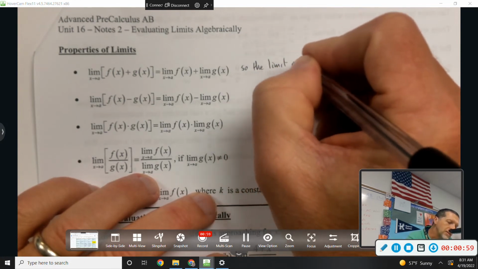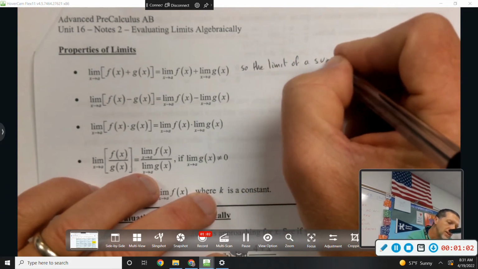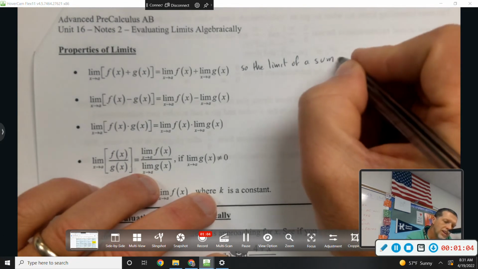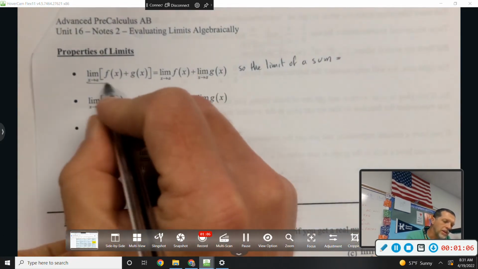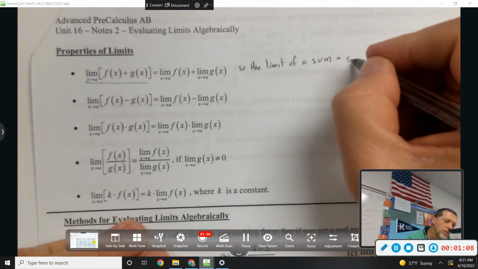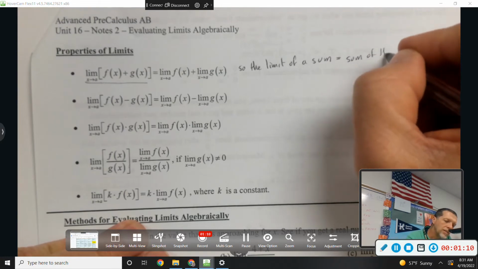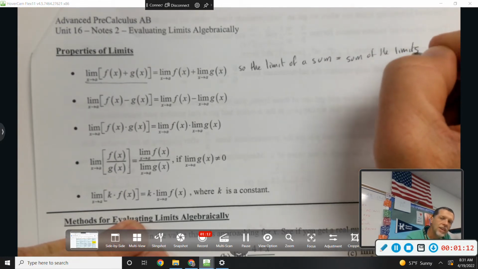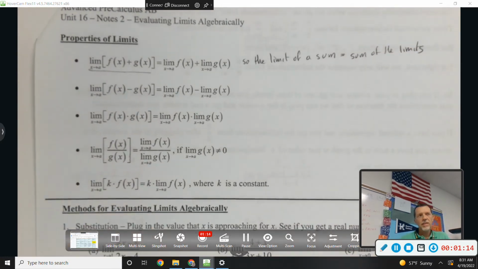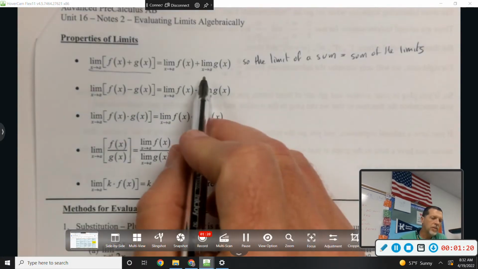The limit of a sum, that would be this side, the limit of a sum equals the sum of the limits. So those are different things, but it happens that they're equal. The limit of a sum is the sum of the limits.